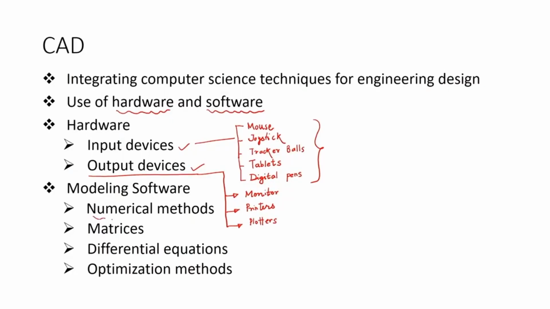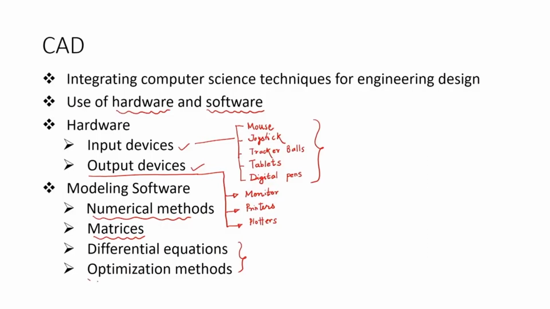After generating the digital models of the product, we are applying various numerical methods. We are applying the knowledge of matrices and basic mathematics such as differential equations. With the application of mathematics, we are finalizing the dimensions of the product.